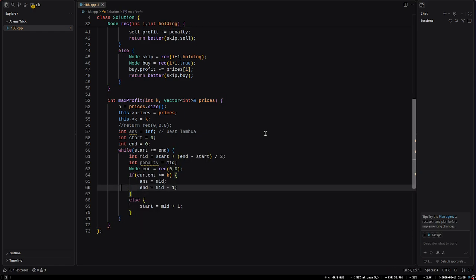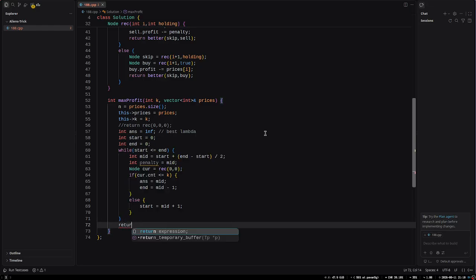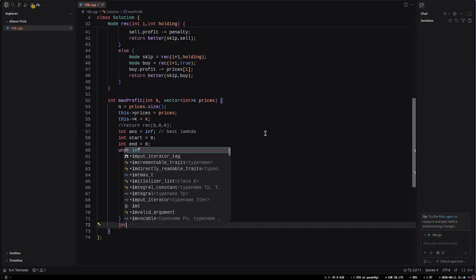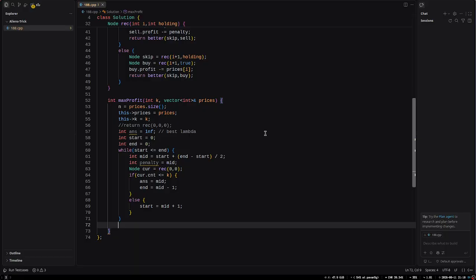And since I am always making it the minimum penalty, the minimum penalty I should be adding while recovering the profit, I need to do this. Okay, now I have the best lambda, which is nothing but the answer.